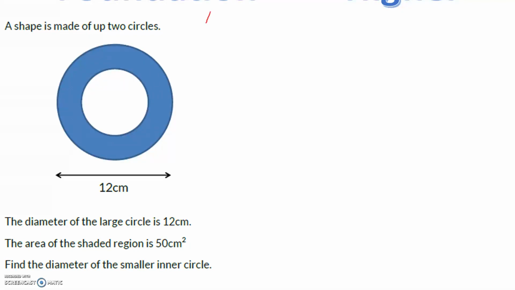Well, I think the area of the shaded region, area shaded, has got to be equal to the area of the big circle. And by big circle, I'm talking about the area of the circle with radius 6.